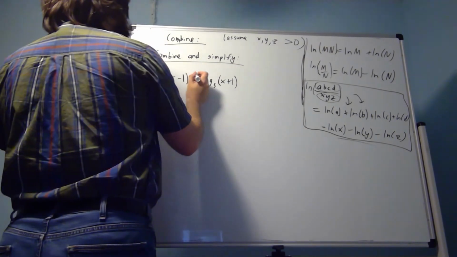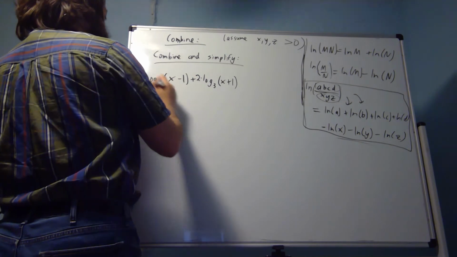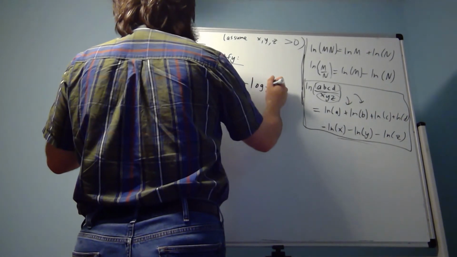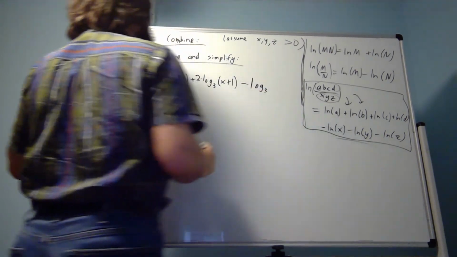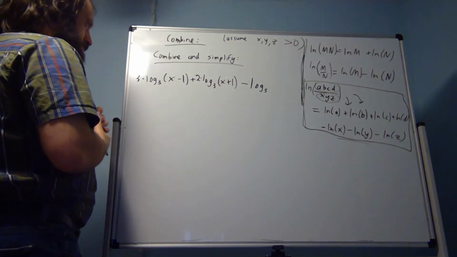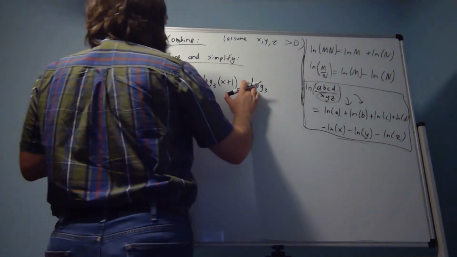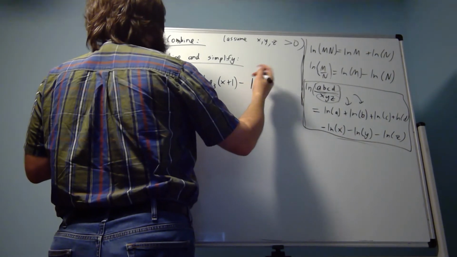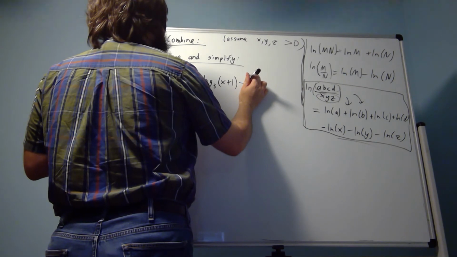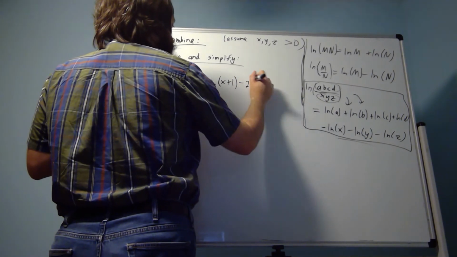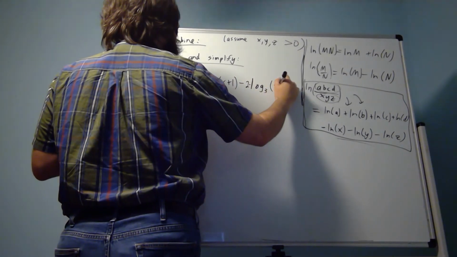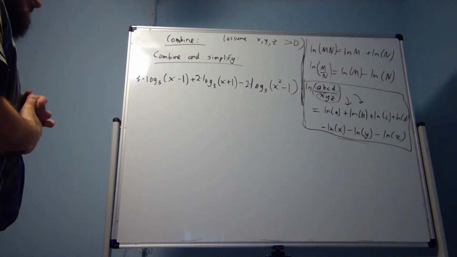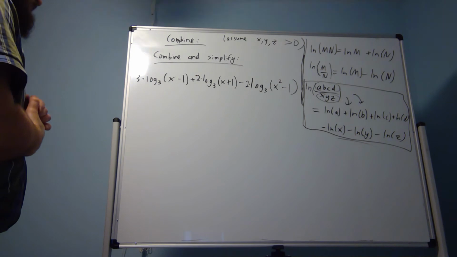I don't know. Maybe 3 of these, and then minus twice log base 3 of x squared minus 1. All right, this one's a little bit silly, but there's nothing wrong with it.